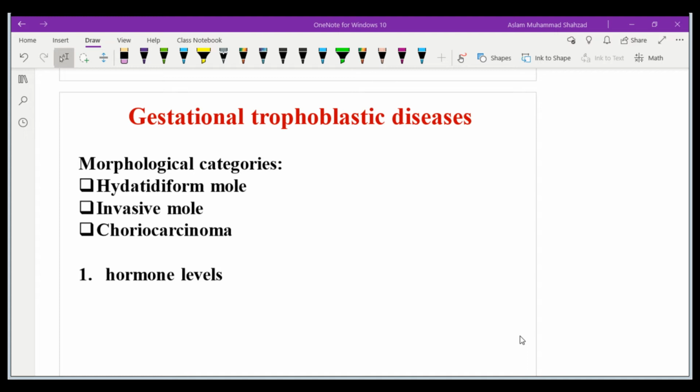To monitor the efficiency of the treatment, we need to measure the HCG level in the blood or urine, so clinical therapy is judged according to the hormonal levels.